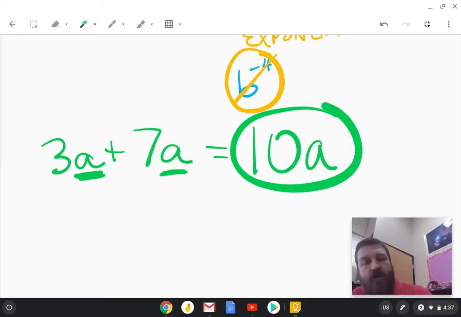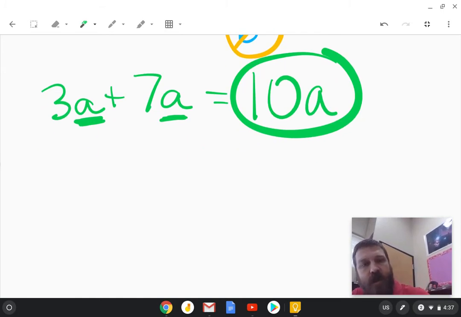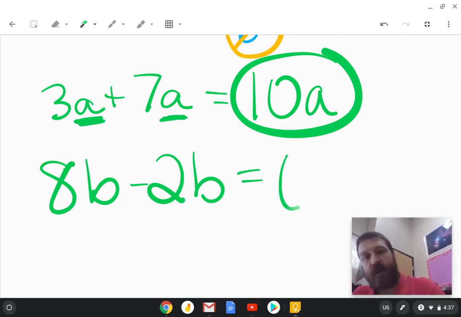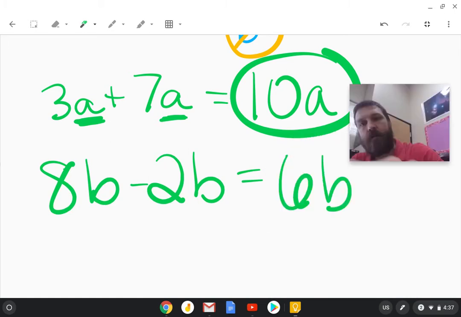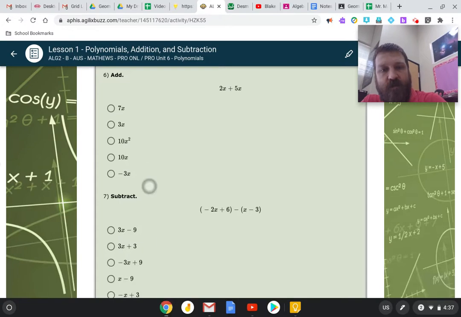So that's what happens when you add these types. Same thing is true of subtraction. So if I had 8b minus 2b, the b's don't go away because I'm subtracting. What happens is I get 6b. Now, that's what you're going to do in number 6.